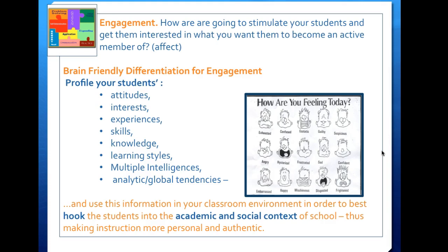Now, obviously, again, you can do an interview or an inventory with them to ask them these things, and you file it away and you keep that information so that you can connect and address with the students' very lives and the way they learn. So you use this information in your classroom environment to best hook the students into the academic and social context of school, thus making instruction more personal and authentic.